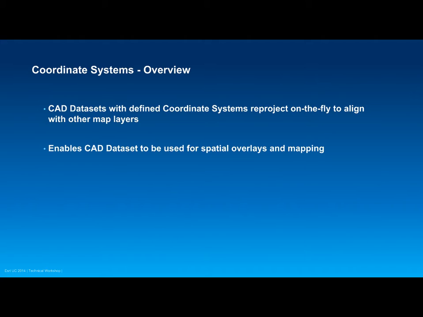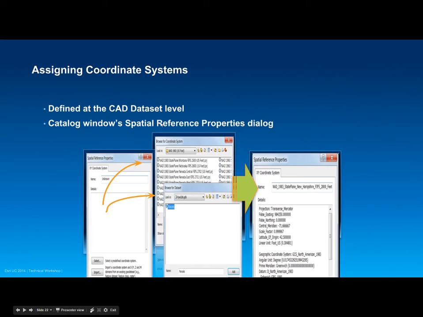So there's no difference for defining CAD data's spatial reference coordinate system than other data. When you're working in ArcGIS, spatial references, coordinate systems need to be defined, and CAD data also needs to be defined. So it works at the CAD data set level, the highest level. You look at the spatial reference properties, and you can apply a spatial reference to a CAD data set.